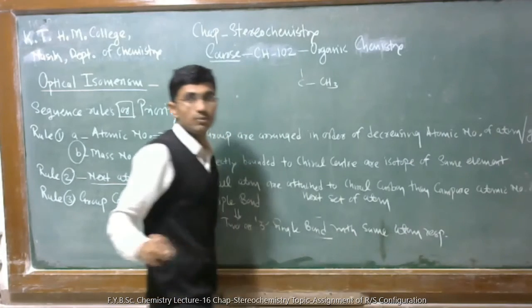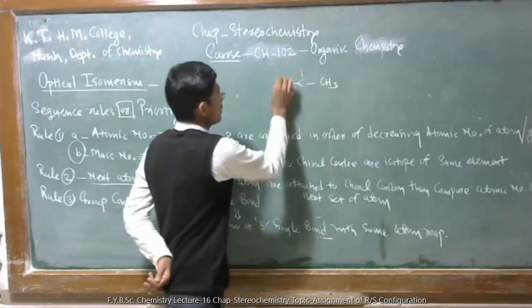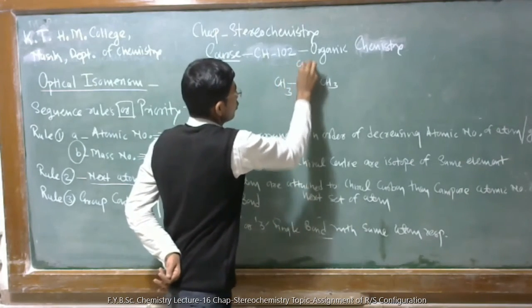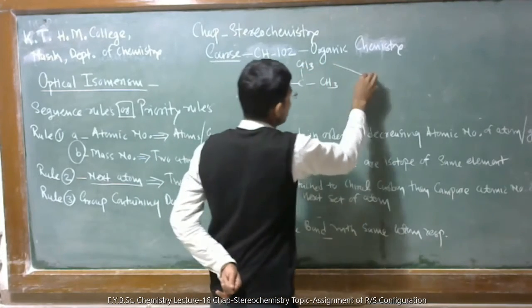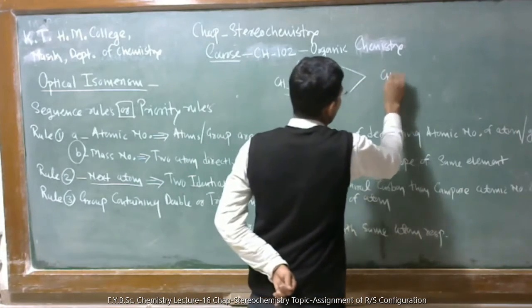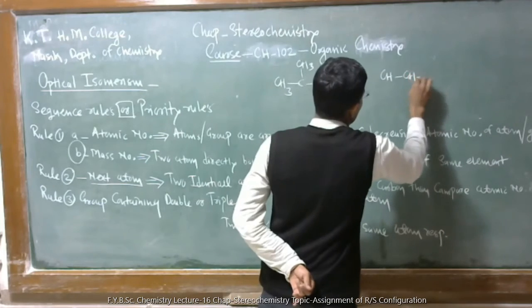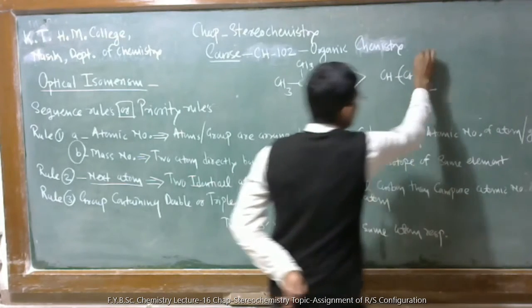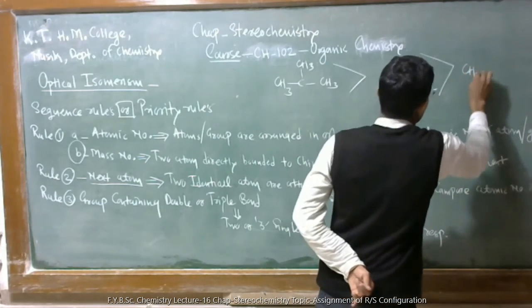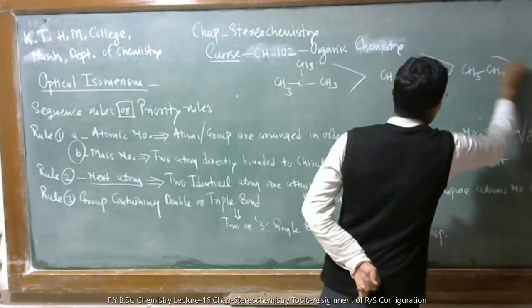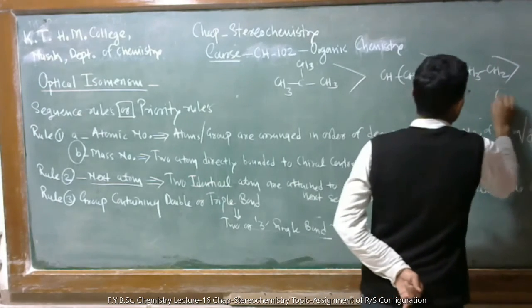We also discussed that the isopropyl group gets higher priority than the ethyl group, which gets higher priority than methyl.